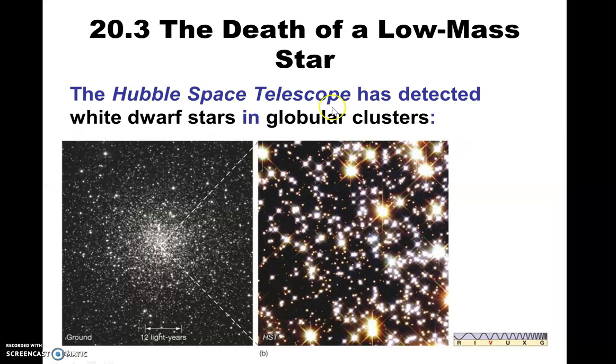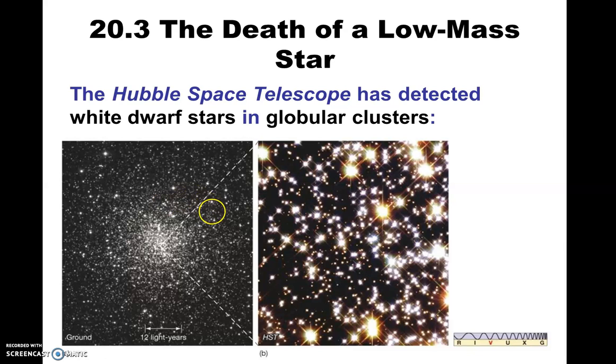All right, so looking at globular clusters, we even find white dwarfs in globular clusters, right? So remember, these are really ancient stars. The globular clusters are regions just outside of the disk of the galaxy. They're in what's called the halo.